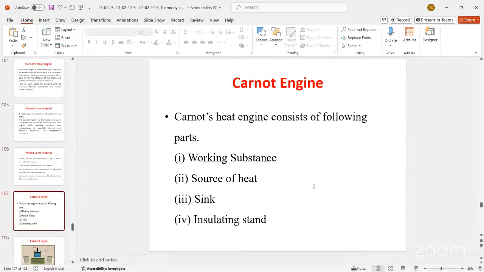Here we follow four simple parts: a working substance, an ideal gas; a source of heat, the hot reservoir; a cold reservoir, the sink; and an insulating stand. We will see the work of the sink and the insulating stand.